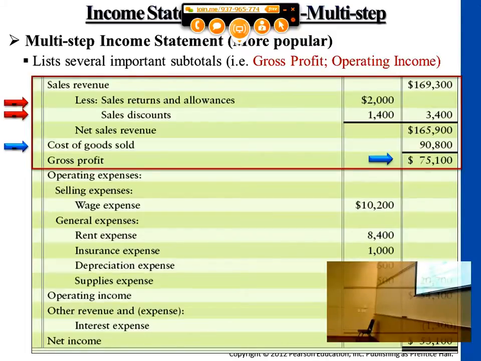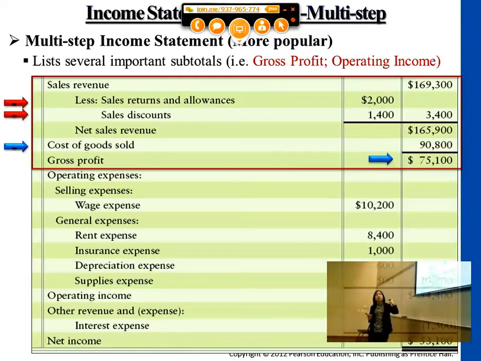So if we look at the first subsection here, before we get to net income, we calculate gross profit, $75,100. And again, it's only considering the cost of goods sold expense, not all the other expenses. We're only considering inventory cost expense after we sell it to customers.